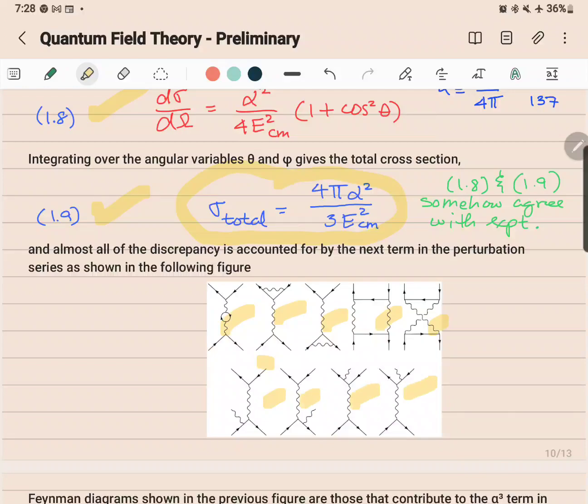So you have how many vertices? You have 1 2 3 4 here, 1 2 3 4 here, 1 2 3 4. This one is also 1 2 3 4 vertices. 1 2 3, 1 2 3, 1 2 3. So you have 3 vertices, and the other next order is the 4 vertices producing the same particles.